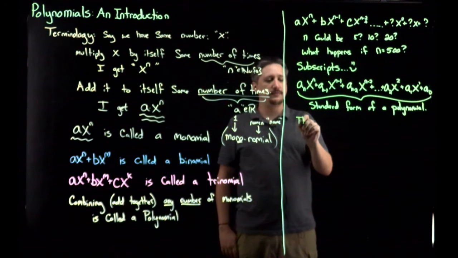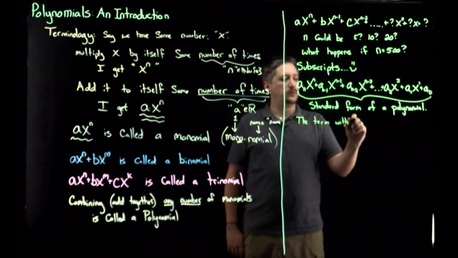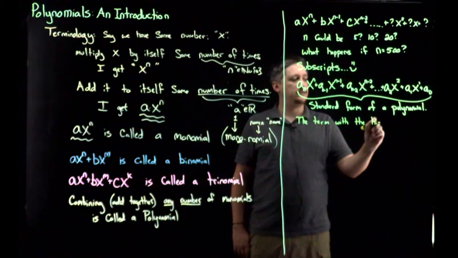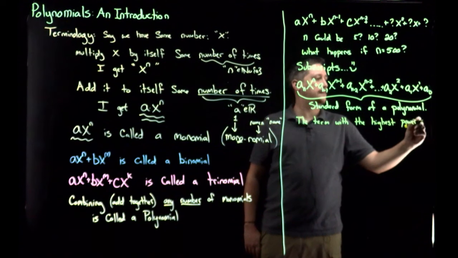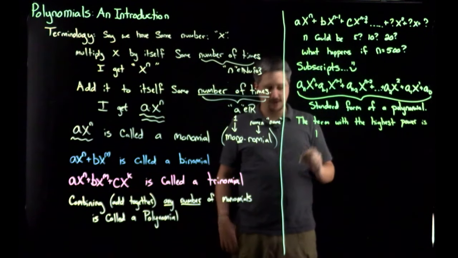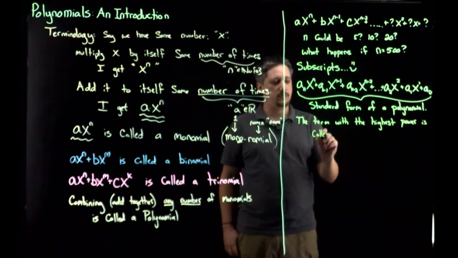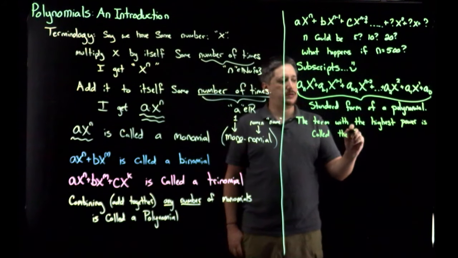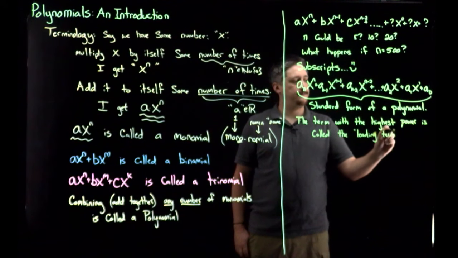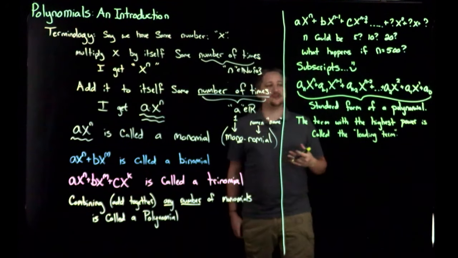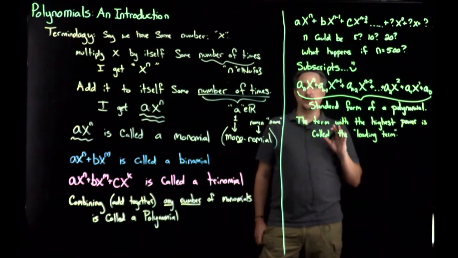So the term with the highest or largest power is called the leading term. And this is because the leading term actually will tell us a lot, all on its own, about a given polynomial.